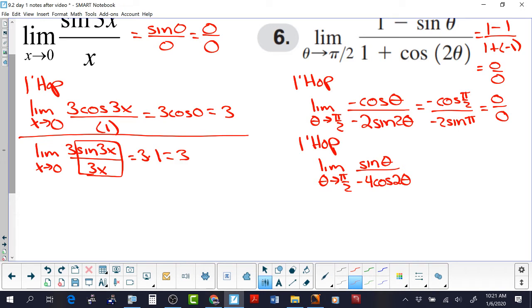Derivative of sine is cosine. Multiply times 2 again. So now we have sine of pi over 2. That's not 0, that's 1. Over negative 4 cosine of pi. That's not 0 either, that's negative 1. So the answer is 1/4.